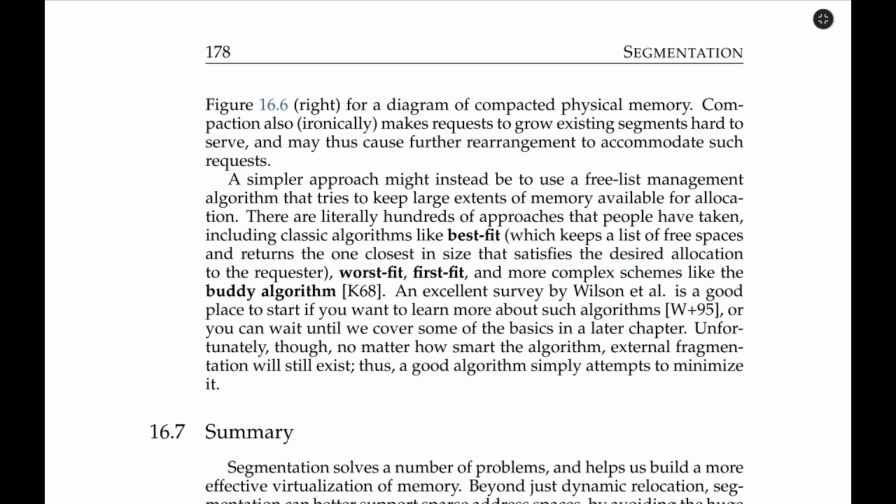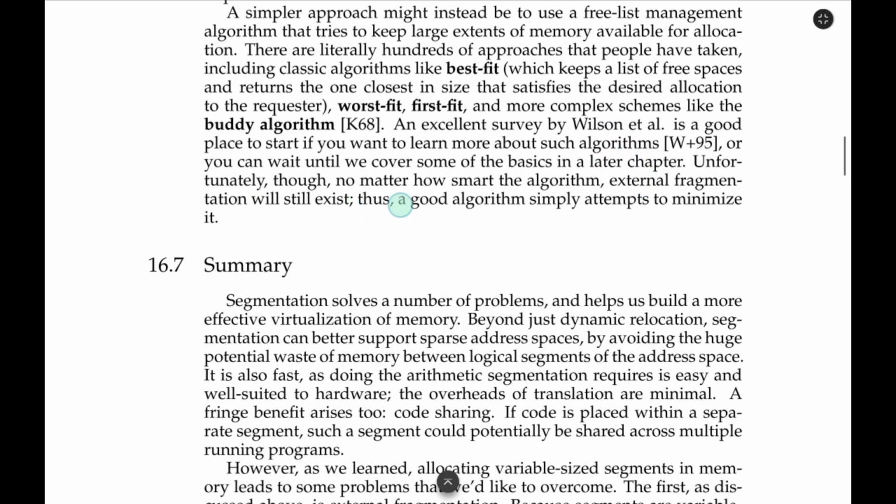An excellent survey by Wilson et al. is a good place to start if you want to learn more about such algorithms, or you can wait until we cover some of the basics in a later chapter. Unfortunately, though, no matter how smart the algorithm, external fragmentation will still exist. Thus, a good algorithm simply attempts to minimize it.